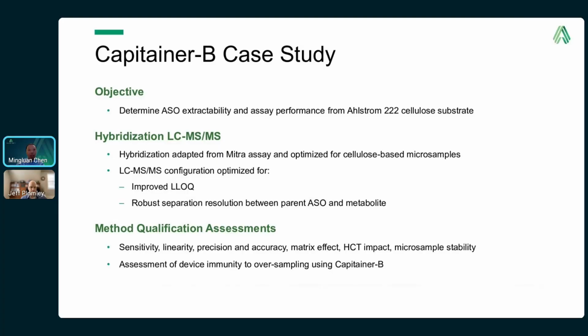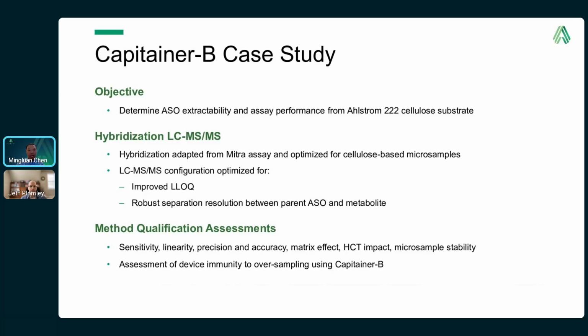Building on the Mitra work, we next determined the ASO extractability and the overall assay performance from the Capitainer B cellulose substrates. The hybridization LC-MS workflow was adapted from the Mitra assay and further optimized for the cellulose microsamples.